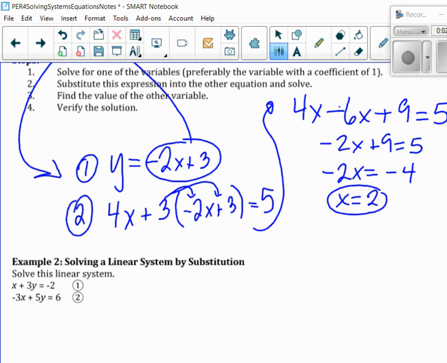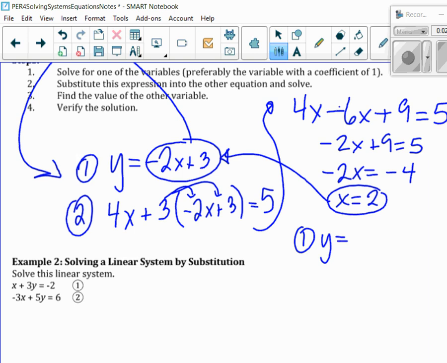So now I've done step number 3. I've found the value. Sorry, I've substituted. I'm done step number 2, sorry. I've substituted and solved. Now I'm taking this value and substituting it back into that equation that I had solved for y. So it's kind of like you keep on substituting. So I'm substituting it into y.